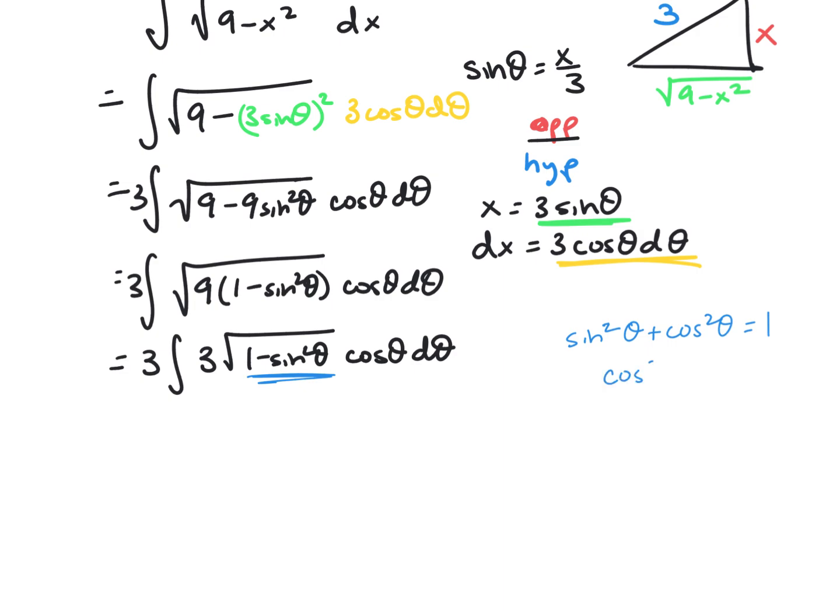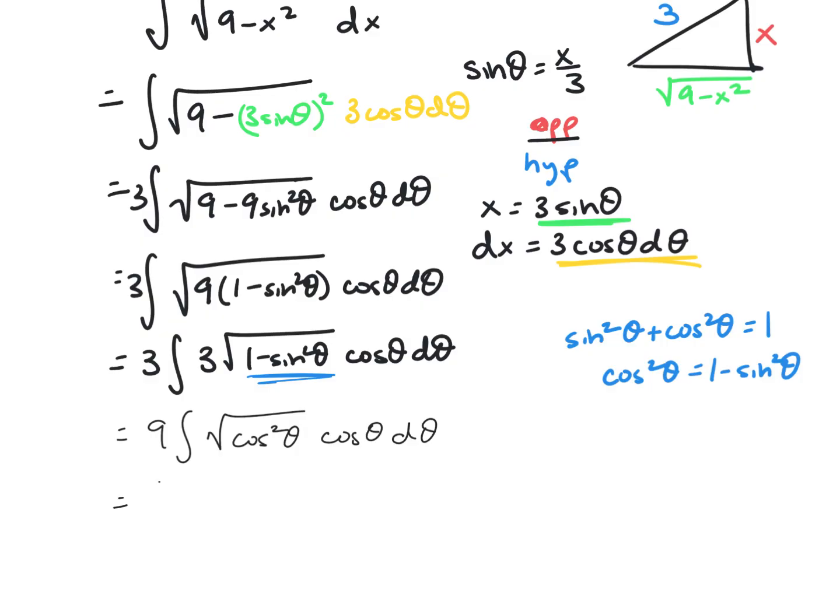So 1 minus sine squared is cosine squared. And so what I'm really dealing with here is 9, pulling out the other 3, times the square root of cosine squared, cosine d theta. And, well, the square root of cosine squared is just cosine, and cosine times cosine is cosine squared.